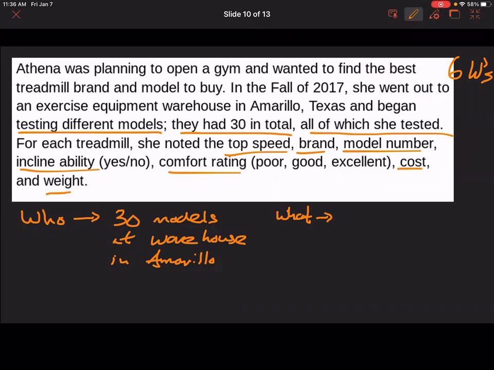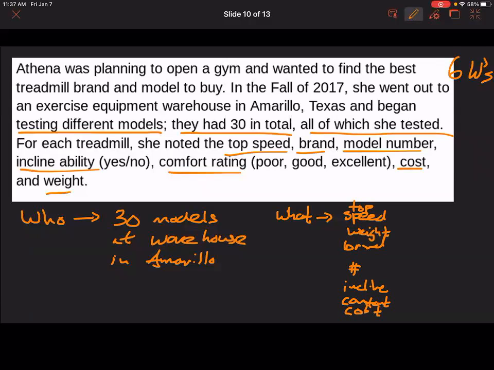So we want to list all those. So top speed, brand, model number, inclinability, comfort rating, cost, and weight. We'll squeeze it up here.